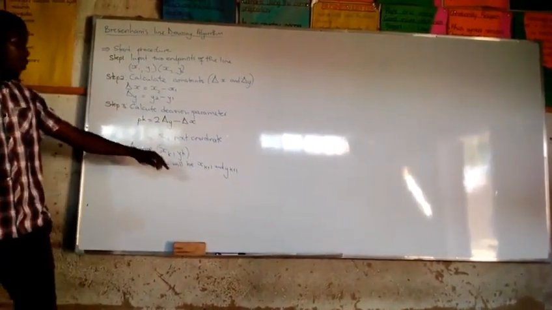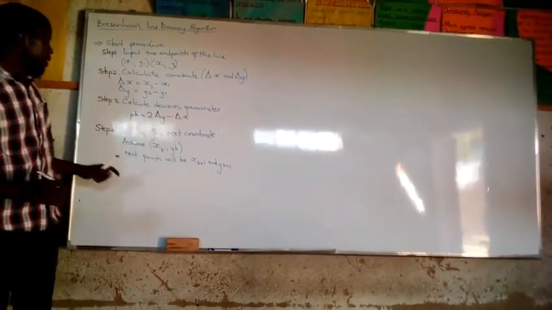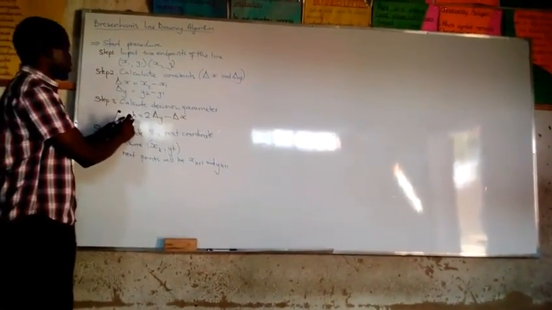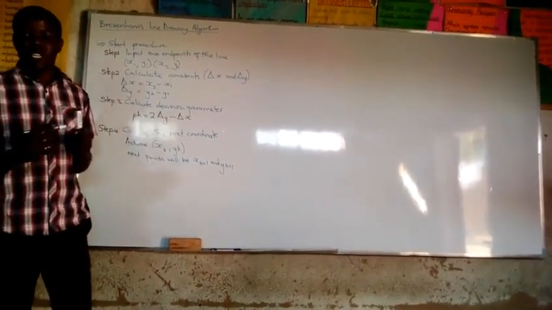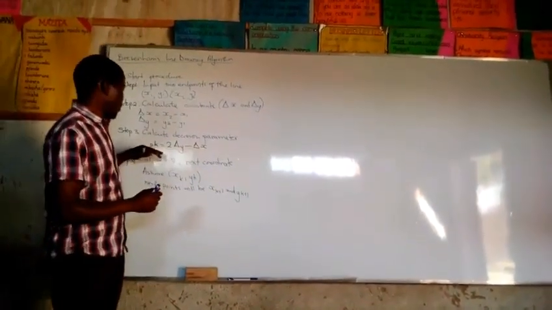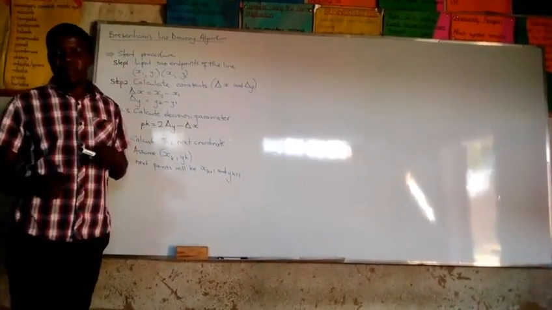That's how we calculate our next coordinates on the line. But this will depend on the decision parameter. The next points depend on the test cases that we make on the decision parameter.